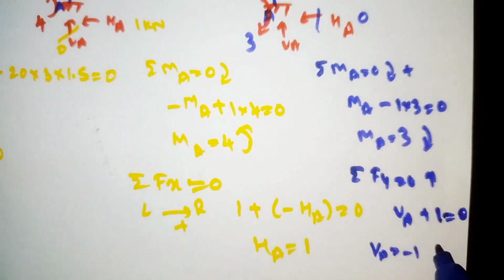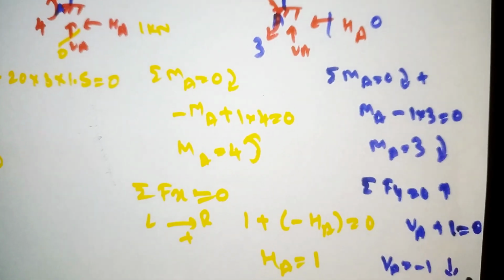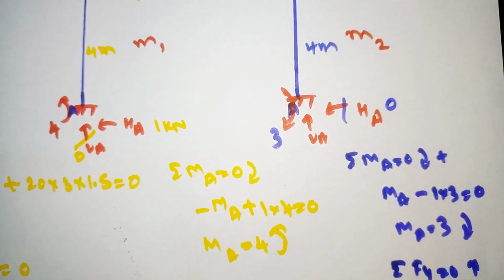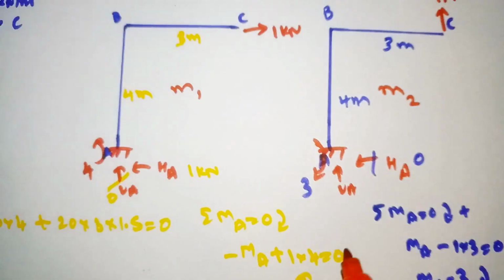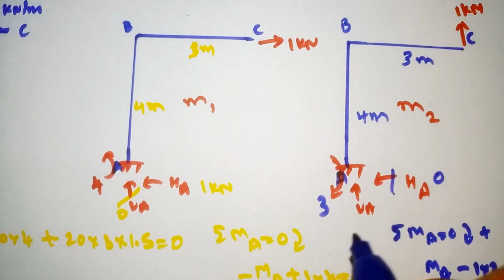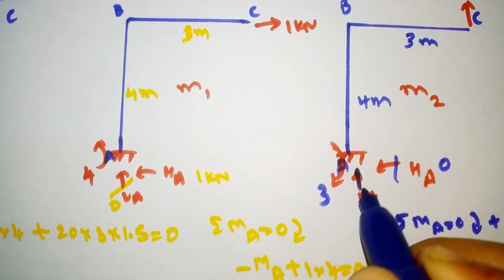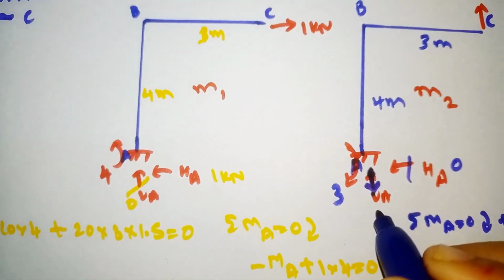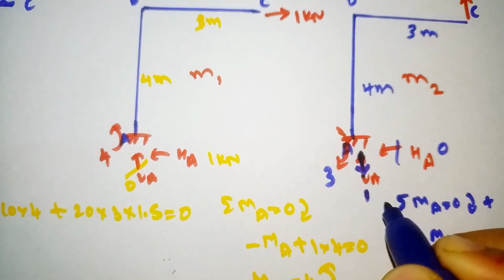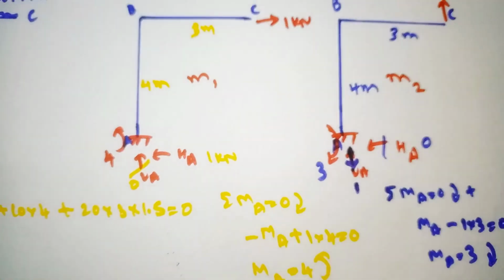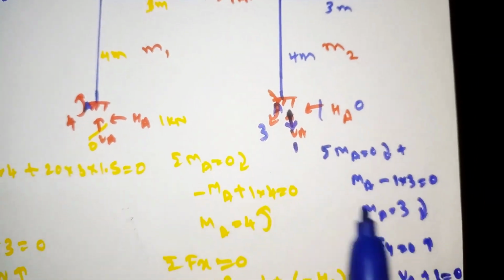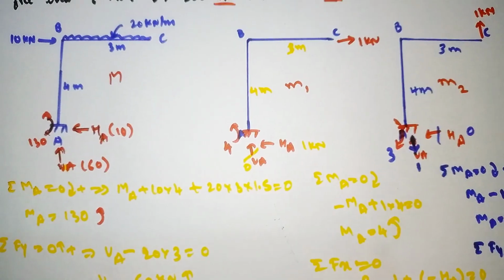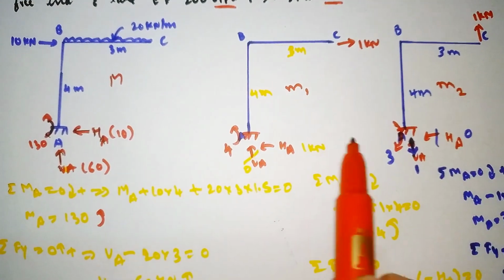Minus 1 means it is moving downward, so whatever direction we assumed was opposite, so make it downward. VA is moving downward with an intensity of 1 kilonewton. This is how we need to find all the support reactions. So now we have calculated the support reactions for each diagram.